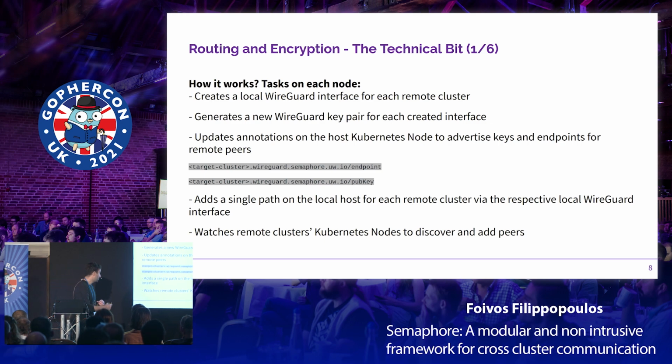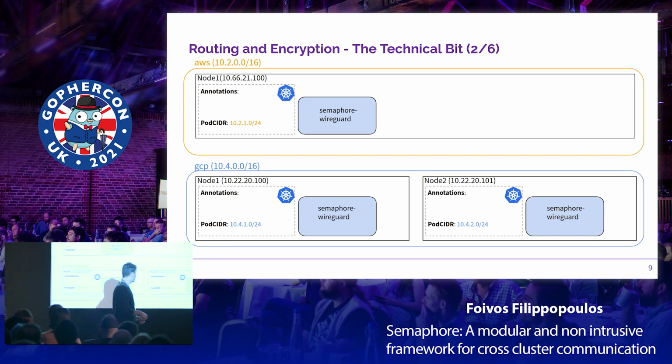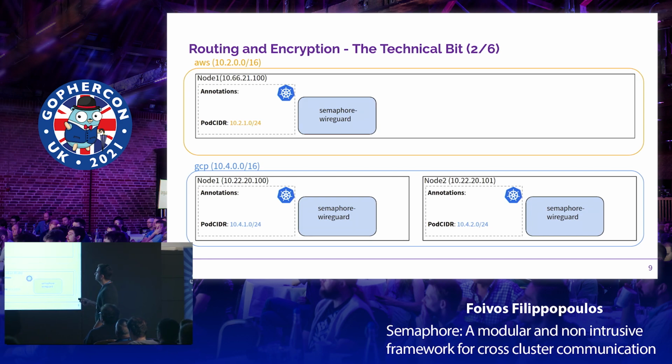Now, this slide is a bit overwhelming with all these bullets, so I'm going to try to explain this with shapes and colors. Here on top, we have a cluster in AWS, and we have a single node there. At the bottom, we have a cluster that runs on GCP, and we have 2 nodes.